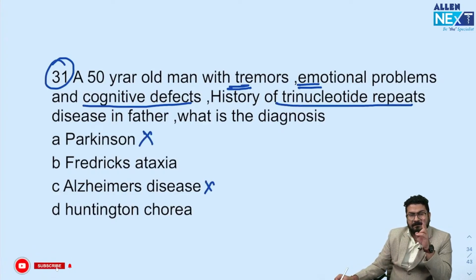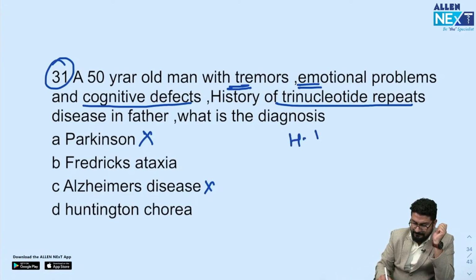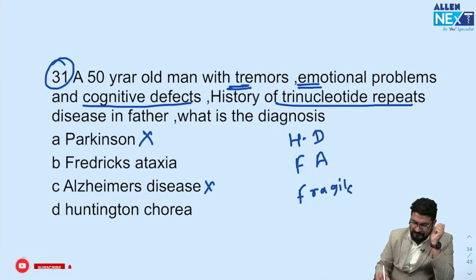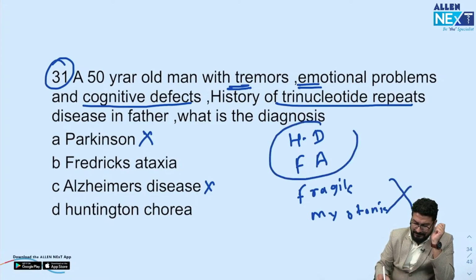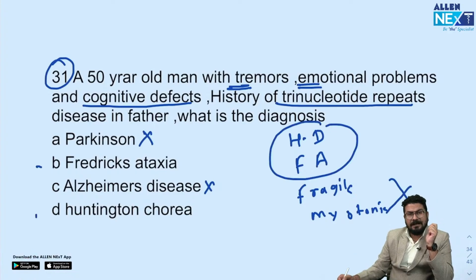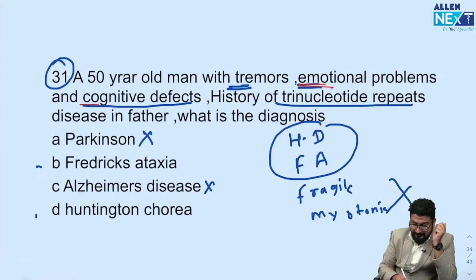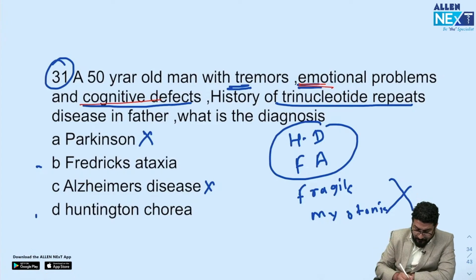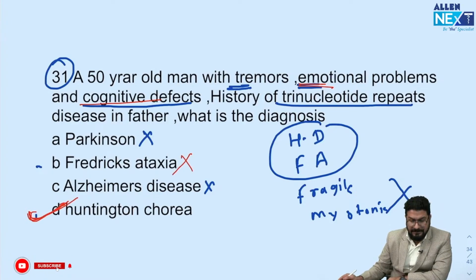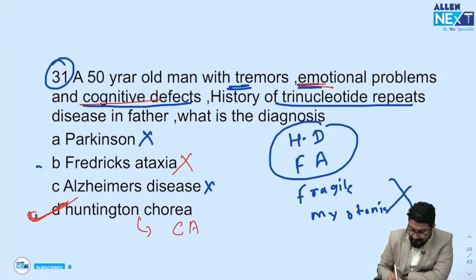There are a total of 4 diseases: Huntington disease, Friedreich's ataxia, Fragile X syndrome, and myotonic dystrophy. Two of these are not given as options. Now we have only these 2, Friedreich's ataxia or Huntington disease. In ataxia, there will be mainly a problem with the gait. But the patient having tremors, emotional problem, and cognitive defect means dementia features. So that is more towards Huntington disease. So the answer for this question will be Huntington chorea. And in Huntington chorea, you will see CAG repeat.